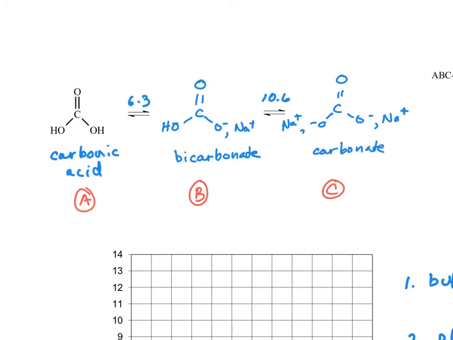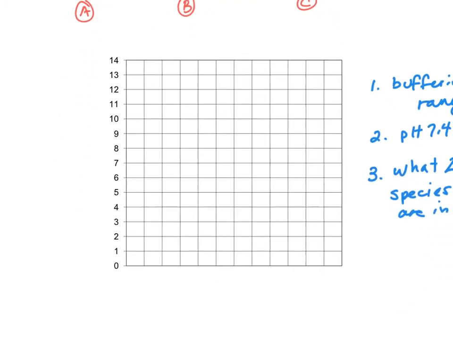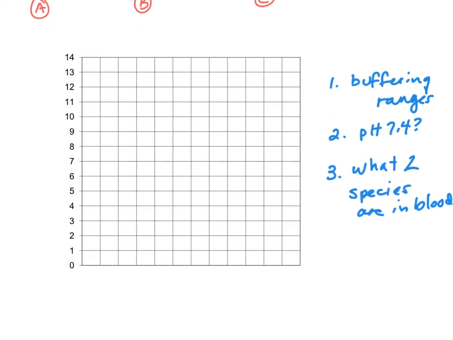So those are our 3 species, A, B, and C. And let's go ahead and sort out how we do the titration. First of all, we're going to be measuring the pH, and we're going to do so as a function, like we did before, of sodium hydroxide equivalents. How many equivalents do you need to divide your graph into? 2 protons, 2 equivalents. Let's go ahead and go right across like that, 0, 1, and 2.